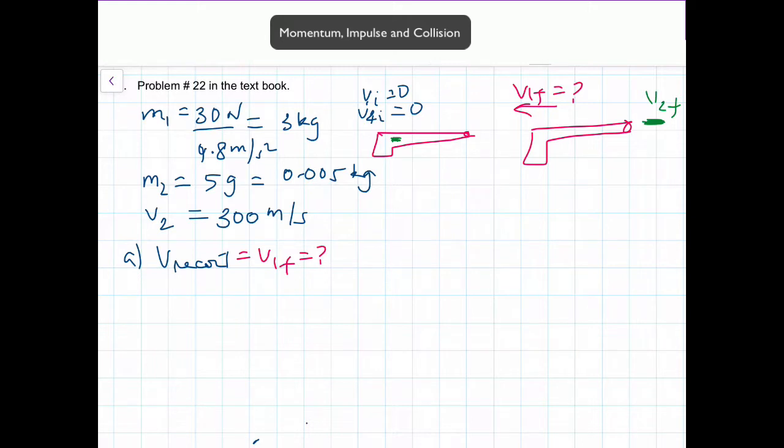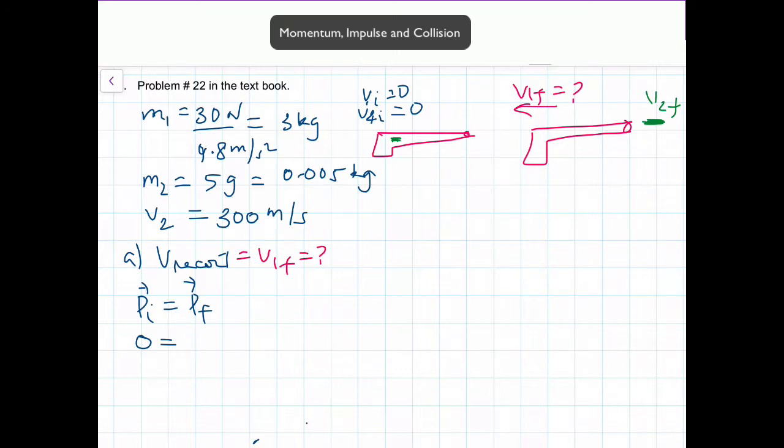So you go ahead and apply momentum conservation. P initial equals P final. Since the initial velocities were both 0, you don't have any initial momentum. The initial momentum of the rifle is 0, and the initial momentum of the bullet was 0.